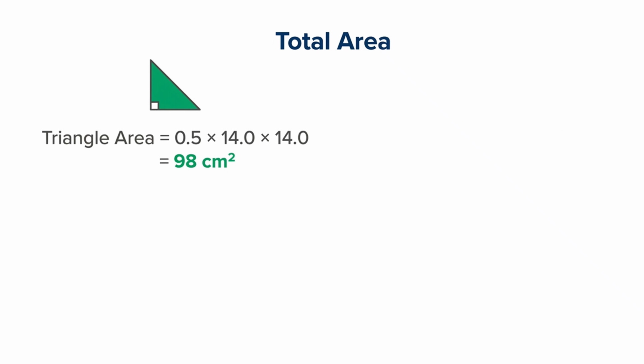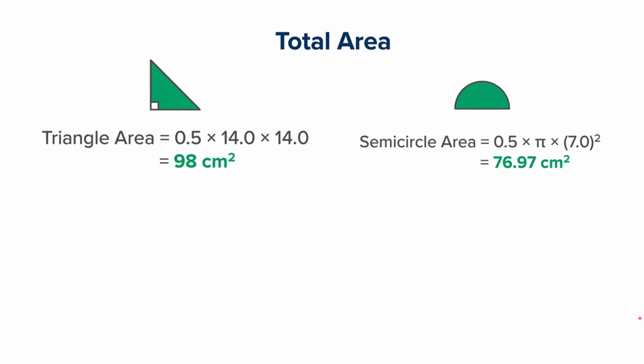So the total area is the area of the triangle plus the area of the semicircle. The area of the triangle is half into base into height, and this was given in the question as 14. So the area of the triangle is 98 centimeter square, and the area of the semicircle is half times pi times radius squared, where the radius is 7.